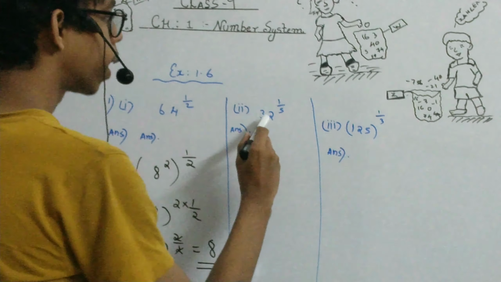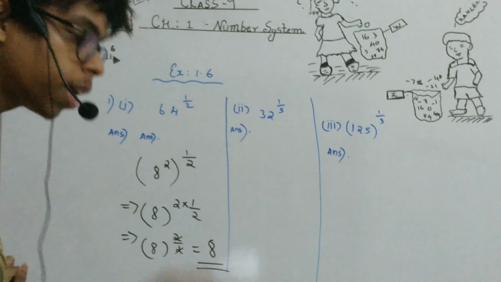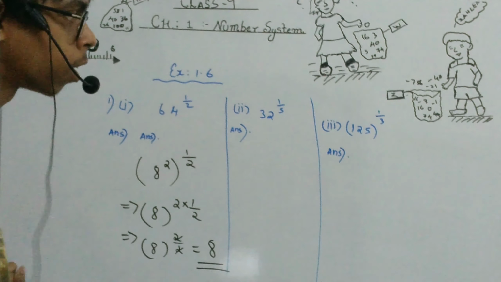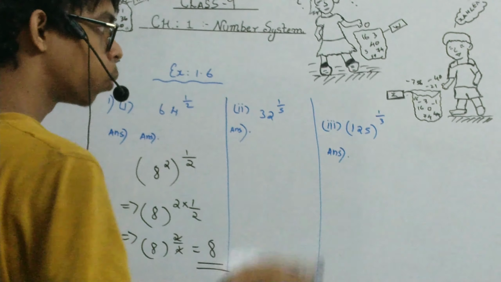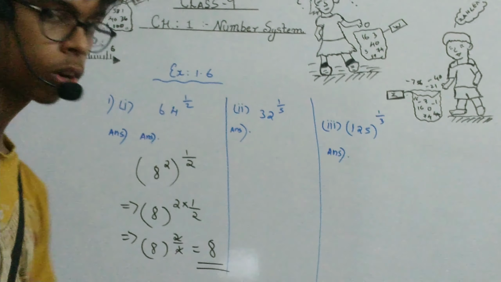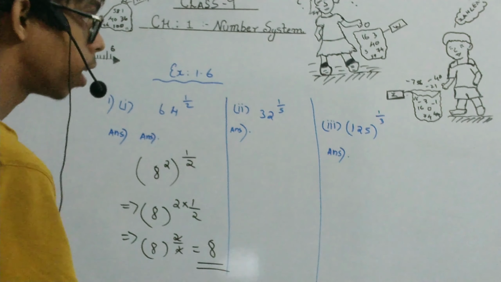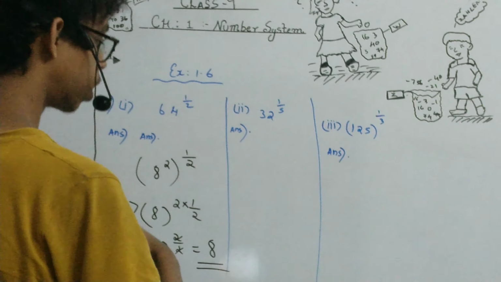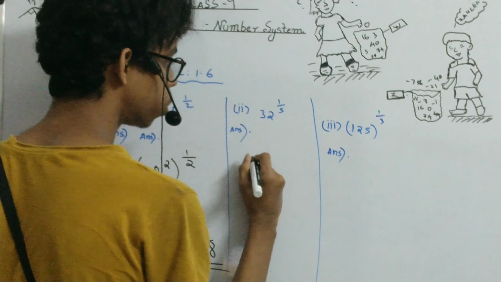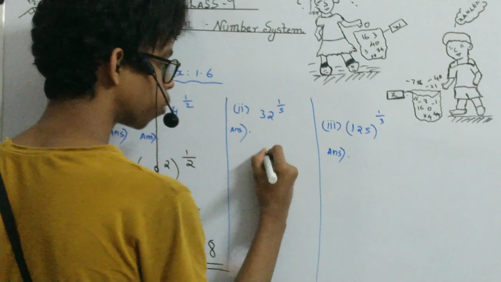So definitely we have to write this 32 as something raised to 5. That is fixed, because if we want to cancel this 5, we have to write this 32 as something raised to 5. Now what is that something? We know 2 raised to 5 is 32. So I can write this 32 as 2 raised to 5.